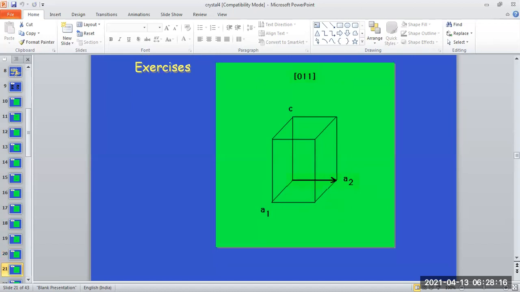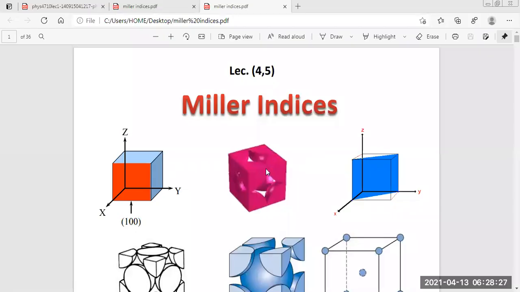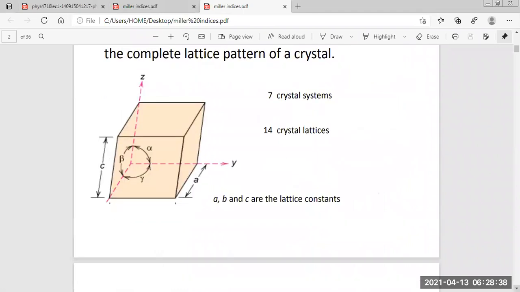Now you can just see. We just have a very detailed understanding of this Miller indices, right? See, Miller indices.